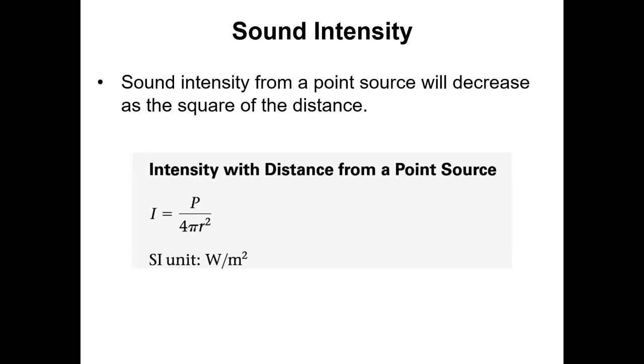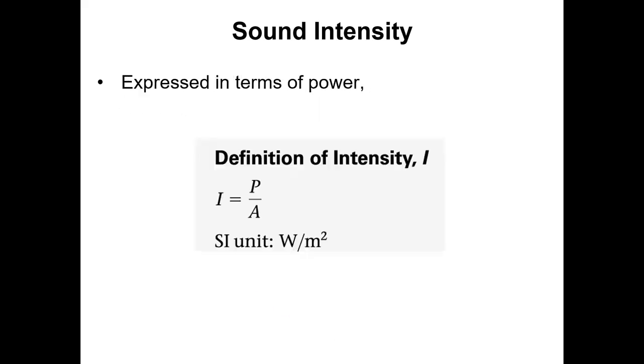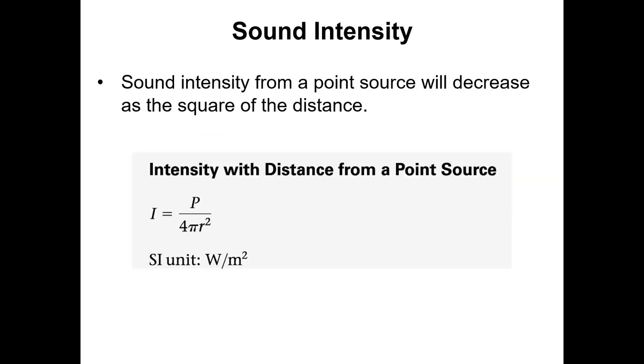So anyways, again, intensity is power over area. And if you have a point source that's emitting sound or energy in every direction, then the intensity will be the power over the area. But what is the area? Well, back to my fire hydrant, it's emitting in every direction.